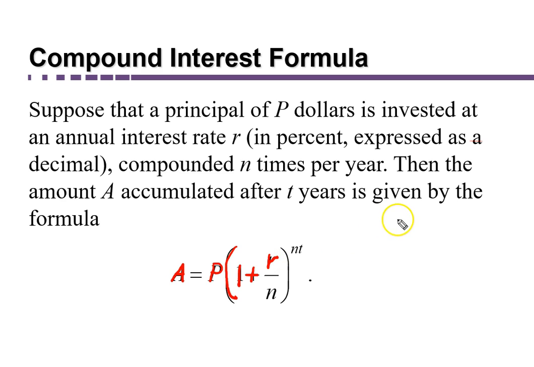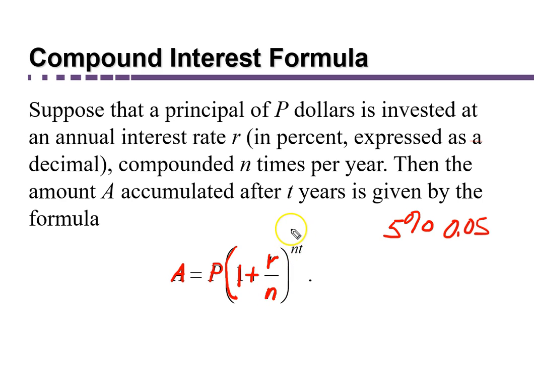Now the rate is usually given as, let's say, 5%, but in this formula you have to convert that to its decimal form, which would be 0.05. The n refers to the number of times that during a year the interest is compounded. So this is the number of times it's compounded during the year.